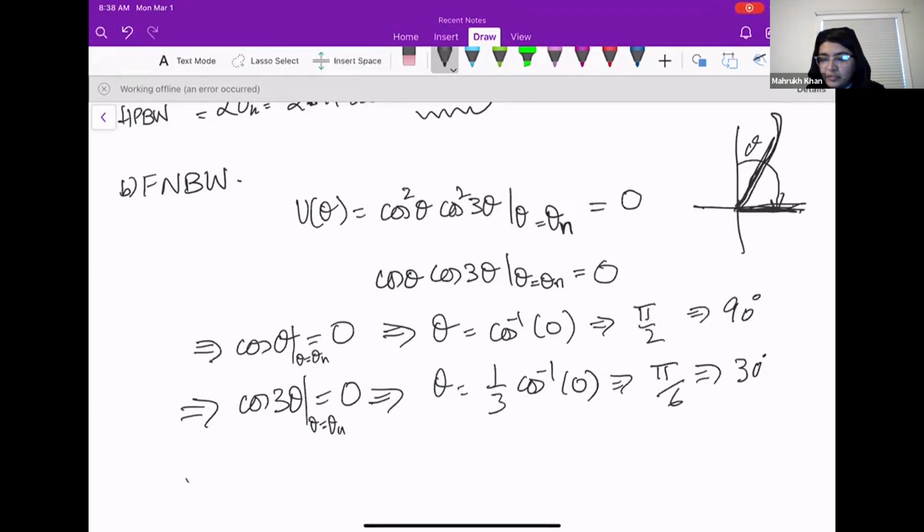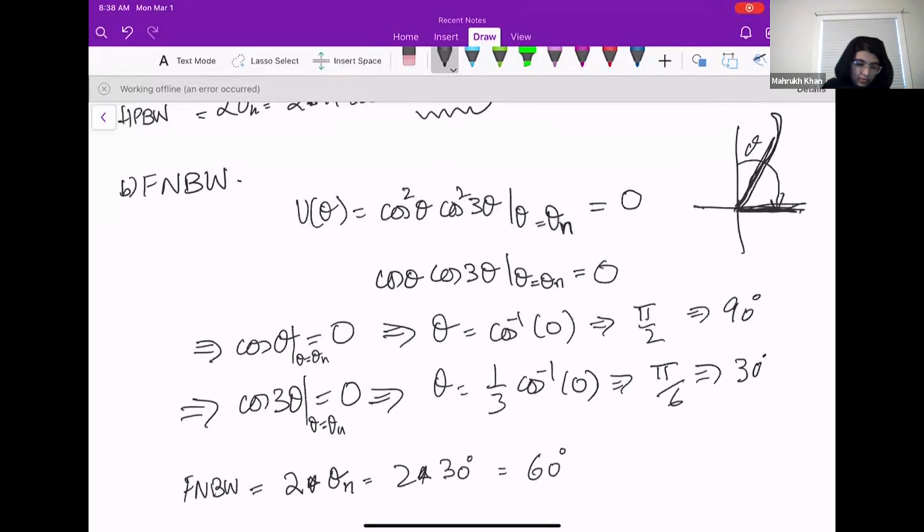That's why your first null beam width is 2 into theta null, which is 2 into 30 degrees, which is 60 degrees. Okay, sounds good?